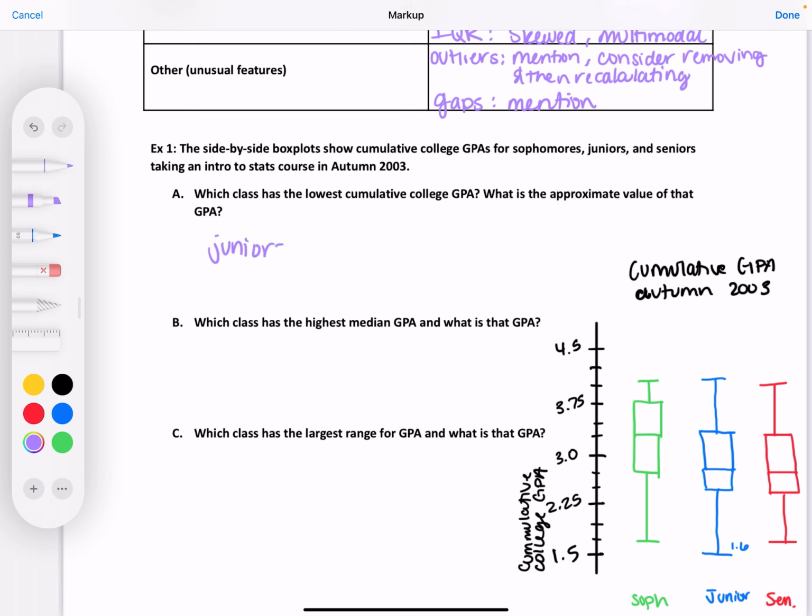Juniors, and it's about a 1.6 cumulative GPA.